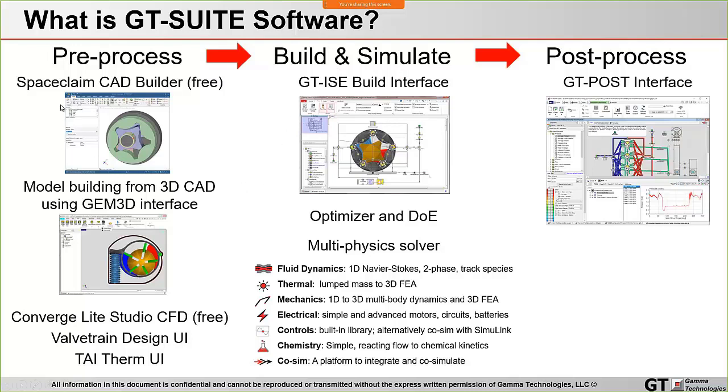Now, within this model building interface is also included a built-in optimizer and design of experiments interface that allows you to do very nice parametric studies, do trade studies, and you can hone in and really explore the design space, iterating over hundreds or thousands or even tens of thousands of operating conditions.